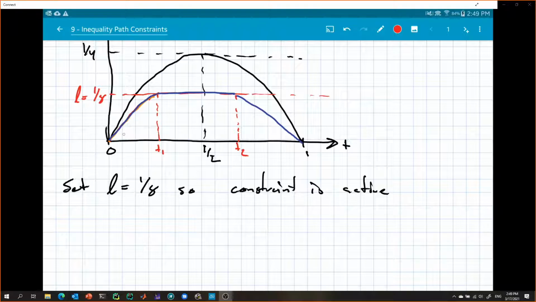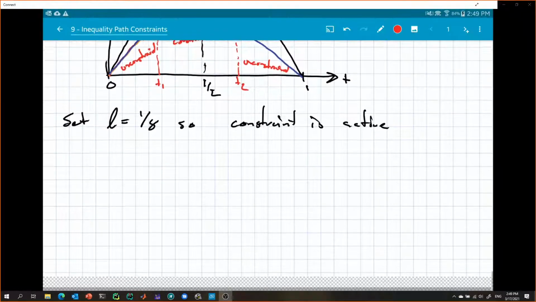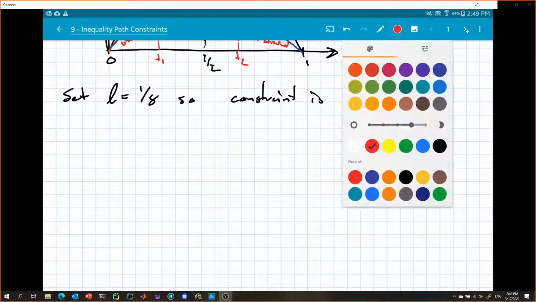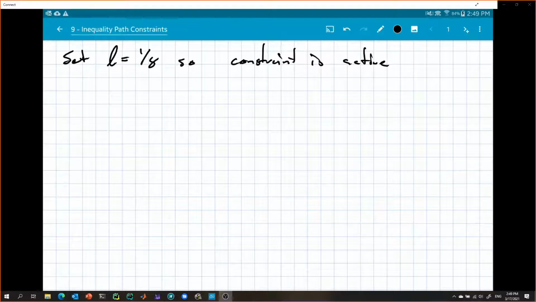Let me say unconstrained, constrained, and then this is unconstrained. Okay, so let's start the problem. And this is going to have nastier numbers, so just bear with me. And if a number is wrong here or there, it doesn't actually matter because you should get the point.